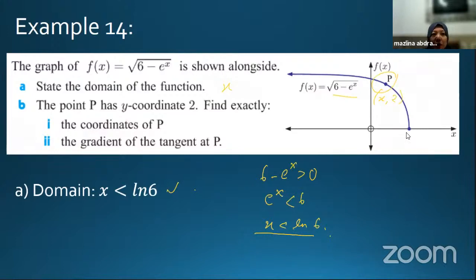Christina, what is the coordinates of P? Yes, teacher. Coordinate of P. Insert the value y equals 2.